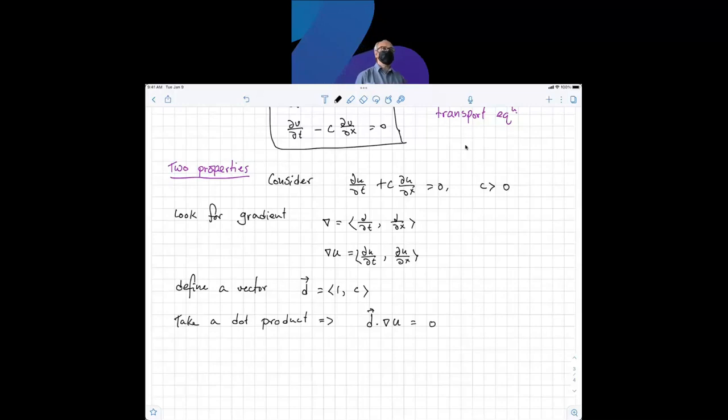Can you interpret the meaning from vector calculus? What is the left hand side in vector calculus? Directional derivative.